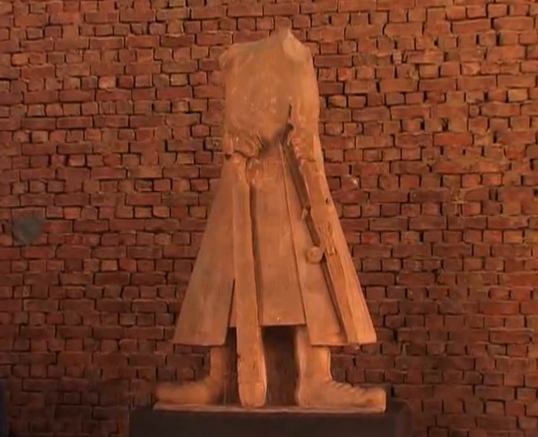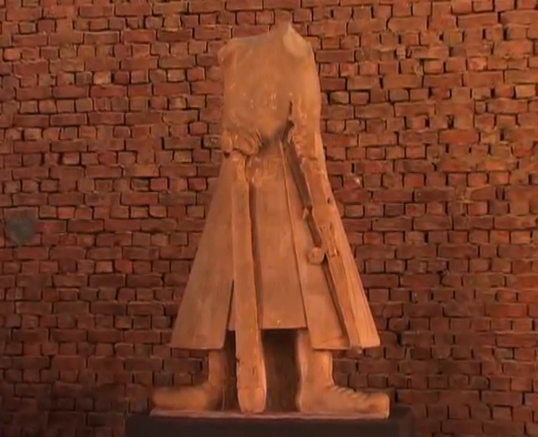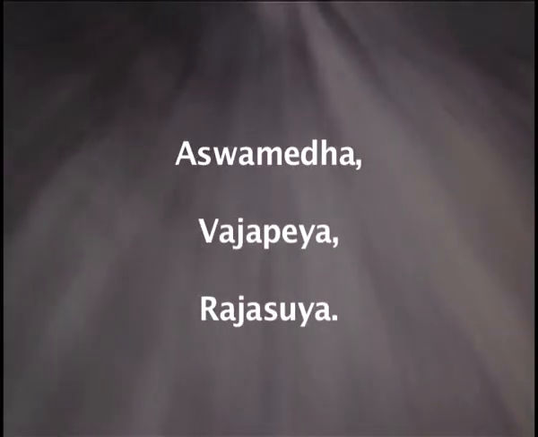What we see here very clearly is a cult of the emperor. Something like this we have never seen before in Indian history. This is the period when divine rulership was repeatedly claimed by different rulers. And this is also the time when rulers regularly performed various types of Vedic sacrifices like Ashvamedha, Vajapeya, Rajasuya, etc.